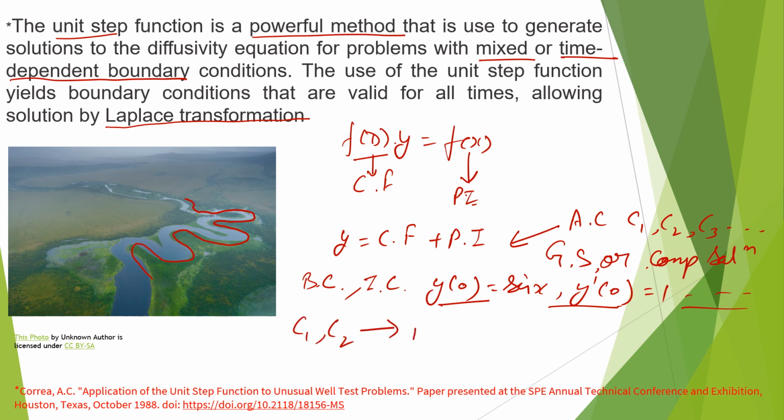Then we get the particular solution in which y is a function of x, where c1 and c2 have particular values. By using the Laplace transformation we approach the particular solution directly.